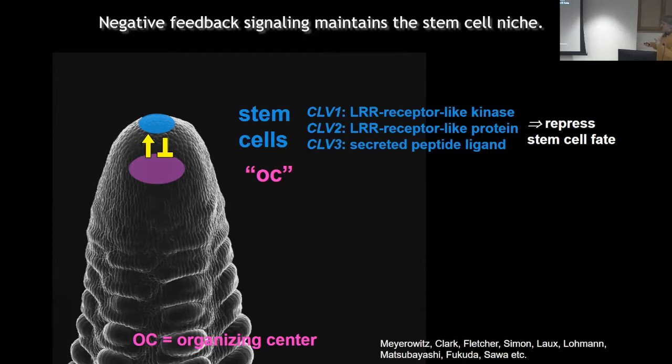This gene makes a pre-peptide of about 100 amino acids that's cleaved into a 12 amino acid signal that's secreted, and it binds to CLAVATA1 and activates signaling from this kinase. Then the organizing center is characterized by this famous homeodomain transcription factor WUSCHEL, which is expressed down here in those cells. So WUSCHEL promotes stem cell fate, CLAVATA genes repress stem cell fate.